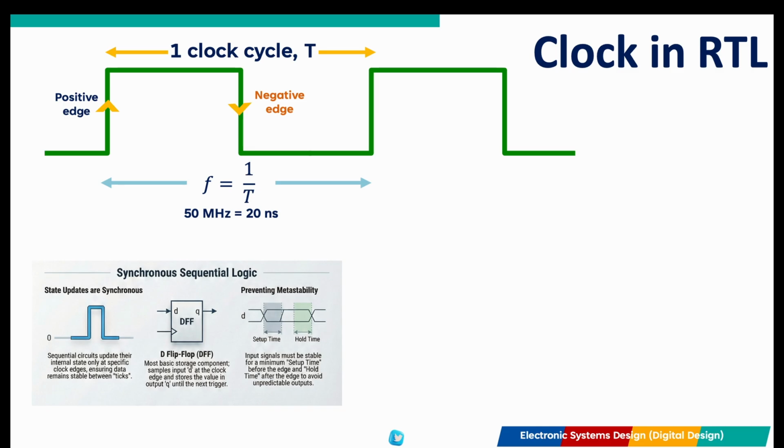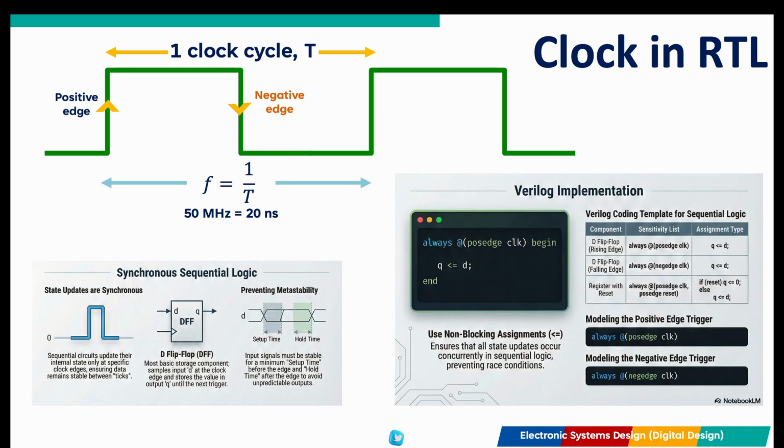At that precise moment, it samples the data and holds it steady. When writing register transfer level RTL code in Verilog, we use the always block combined with the edge-triggered sensitivity list to infer this memory. We also strictly use non-blocking assignments inside these blocks to ensure all registers update concurrently without race conditions.